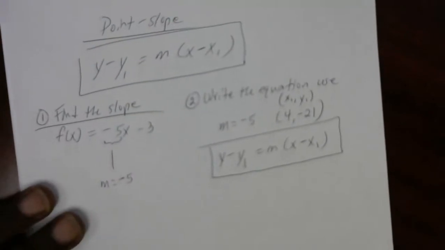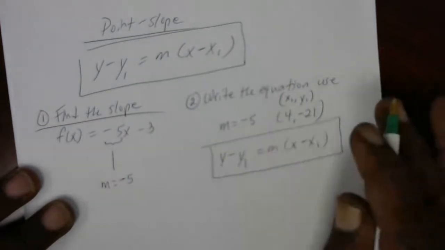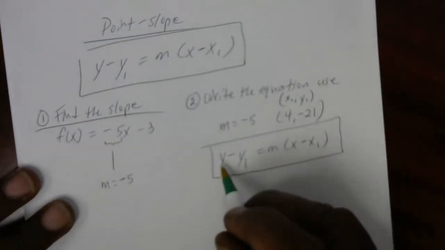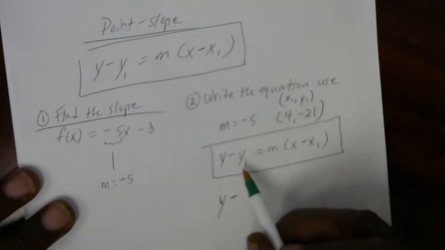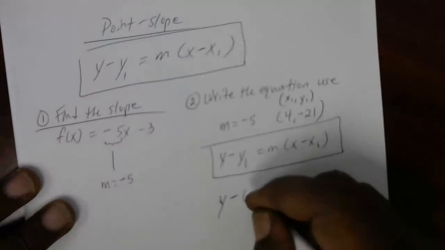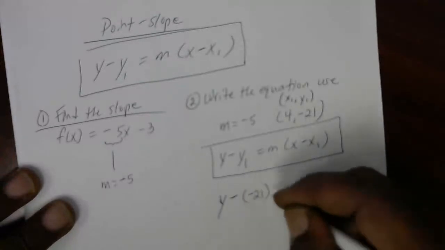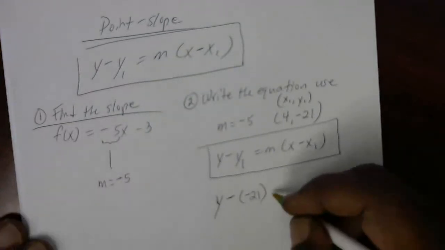And now I'm going to substitute. We never know x or y, but we should know everything else. So I'm going to bring down the y minus. I'm going to substitute y sub 1 as a -21, so we have to make sure we substitute in y sub 1 as a -21.